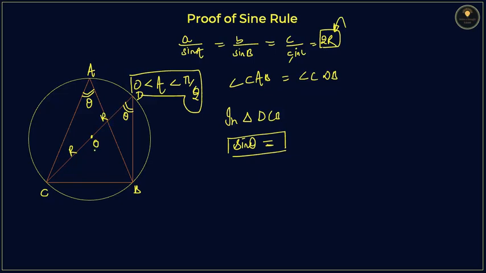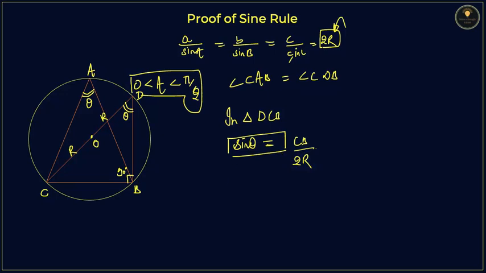And if a triangle has the diameter as a side, the angle subtended by the semicircle is equal to 90 degrees. So this triangle is a right angle triangle, which means we can find sine theta clearly from here. Sine theta can be written as perpendicular over hypotenuse. Perpendicular is CB, and hypotenuse is equal to 2r.